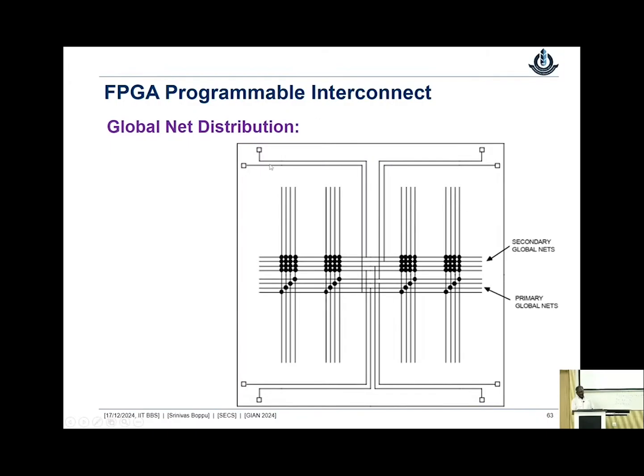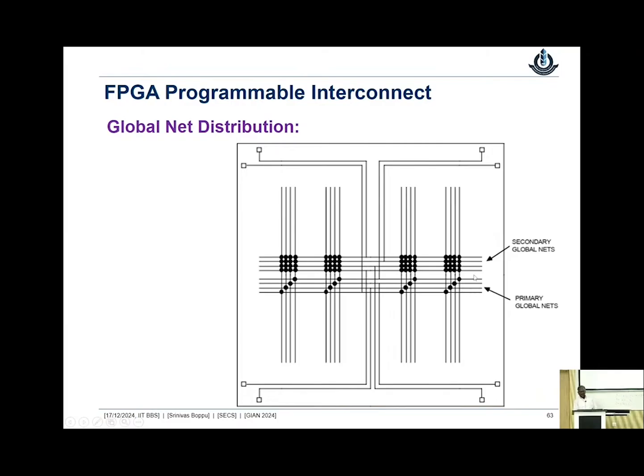So what we are trying to show here is this is your FPGA. These are the pins where, let's say, the clock gets connected. These are the primary global nets. The clock or reset are global signals which will go to each and every flip flop. Then they come to the middle of the chip, and we have these distribution lines.